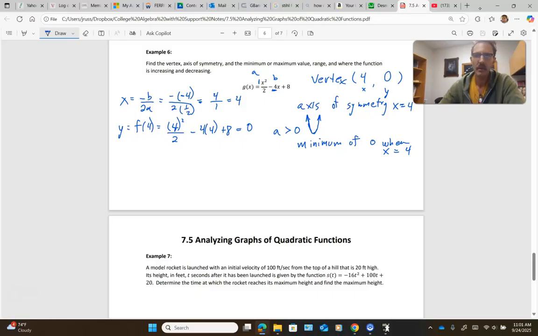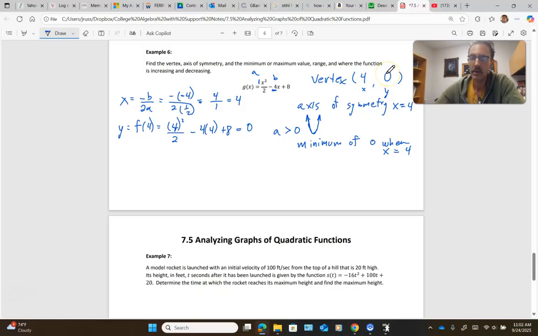Now, where is the function increasing and decreasing? Then we'll look at the range. Now, actually, let's look at the range first. We can figure out what the range is without having to graph it, because we know the orientation of the parabola. If this point, the vertex, is right here, that's your low point. Okay? And so remember, the range refers to the range of y-coordinates. So the vertex is 4, 0.